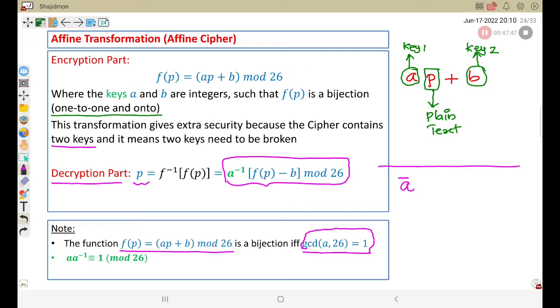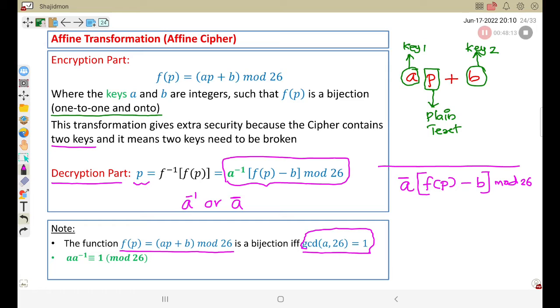Same idea. Mod 26, A inverse means we need to calculate the inverse of the number A. Otherwise you can use the notation A bar, both are the same. Most commonly we use the A bar symbol, so that's what I wrote here.